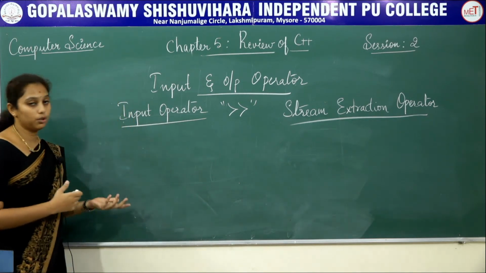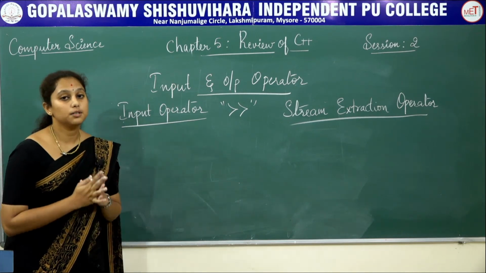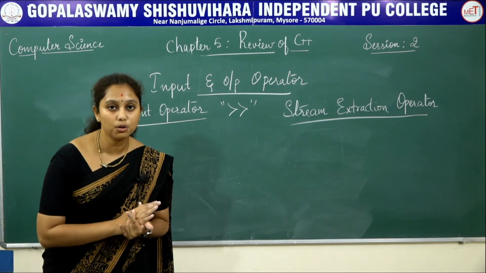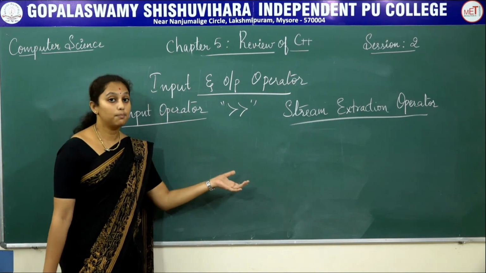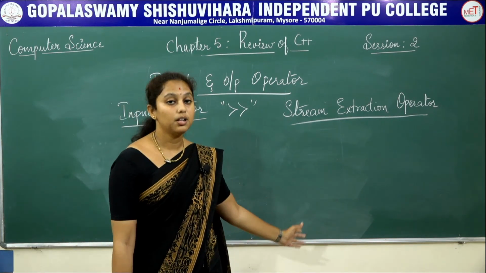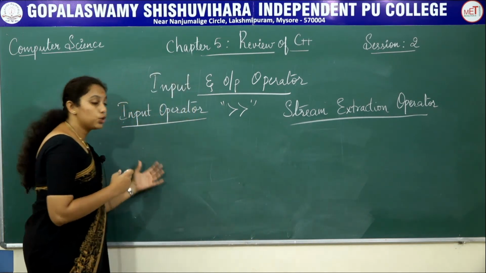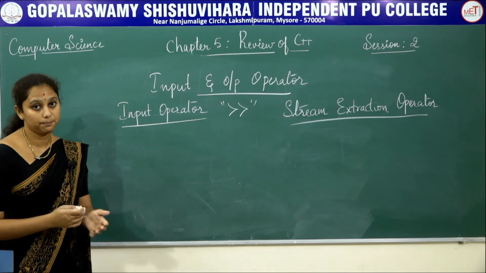Here, how are we going to extract the input? Using the standard input device, that is the keyboard, followed by the cin object, followed by the operator and followed by a variable to store whatever value is extracted from the stream.